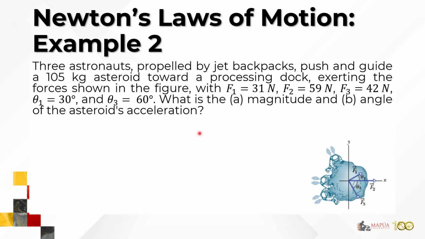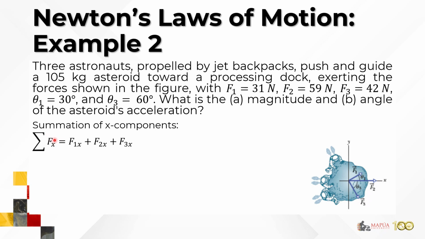However, on your own, you can start whatever component you want. You can start with y. But here in the solution, we'll start with x component. Okay, summation of x components. So f sub 1 sub x plus f sub 2 sub x plus f sub 3 sub x should be equal to total f sub x.